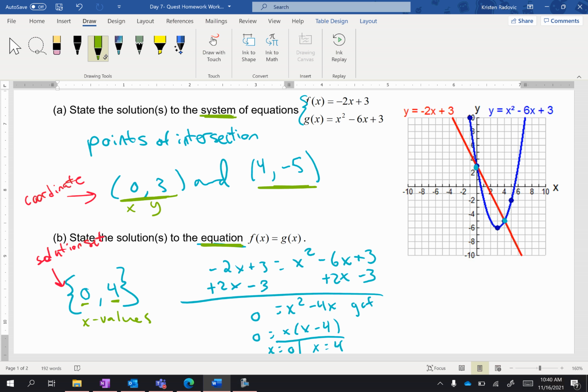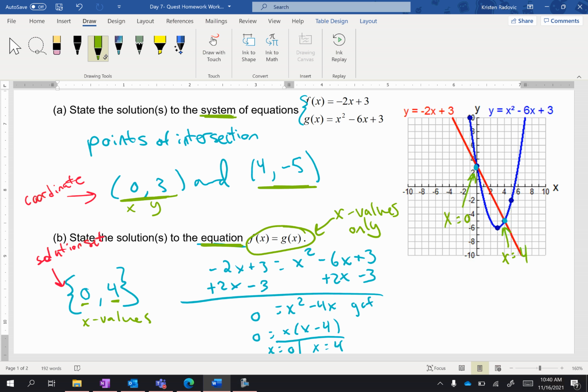So it's really important. Anytime you see this phrase, f of x equals g of x, it means x values only. We didn't even have to solve it algebraically. You could have just looked at the x values, x equals 4, x equals 0.